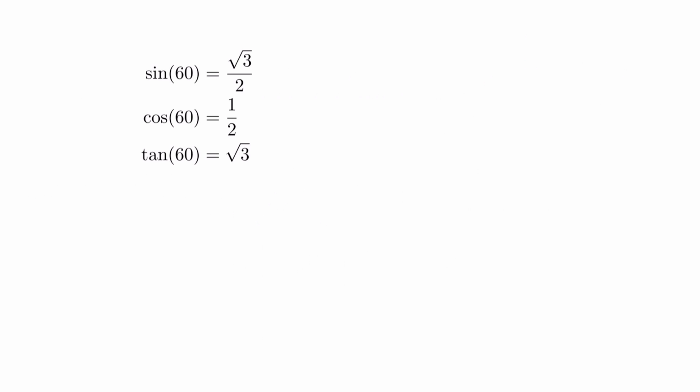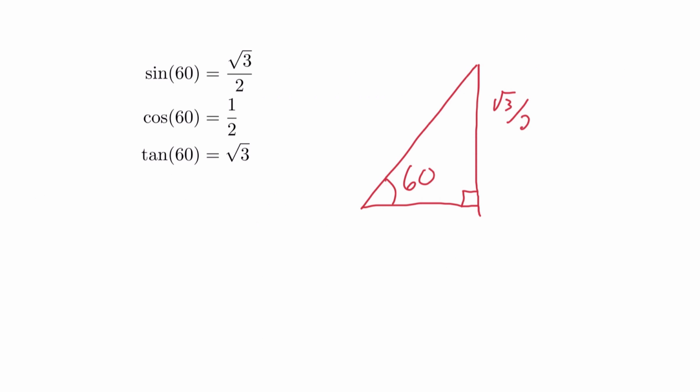And we do the same thing for 60 degrees. So sine is opposite over hypotenuse, so square root 3 over 2 over 1, square root 3 over 2.